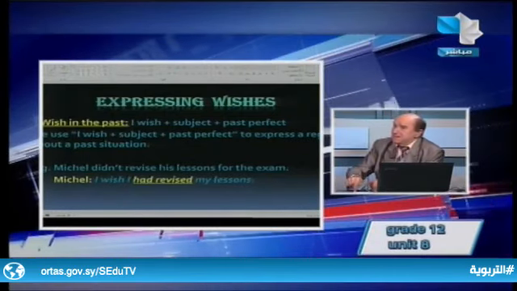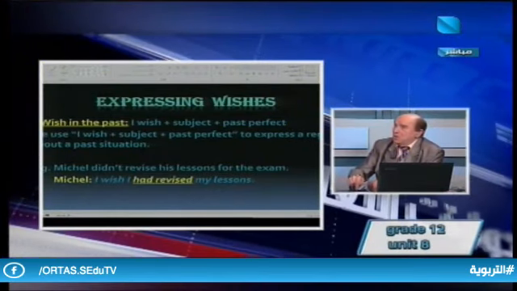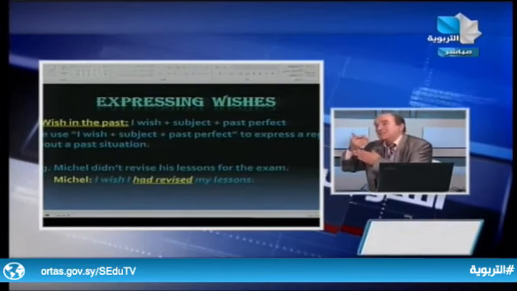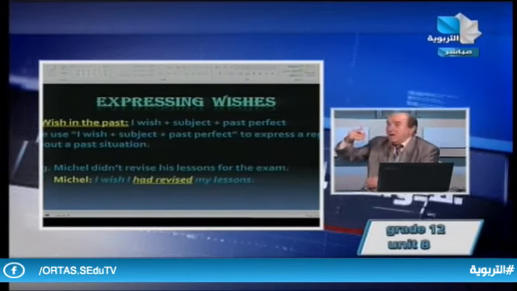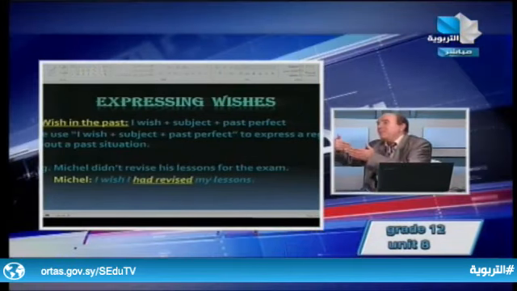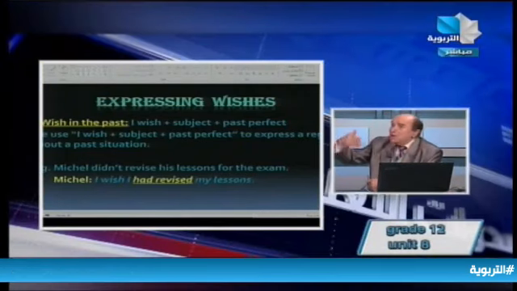If the verb is in the present situation, it becomes simple past. If the situation is in the past, the wish becomes past perfect. So the situation in the present, the wish becomes simple past. The situation in the past, the wish becomes past perfect.